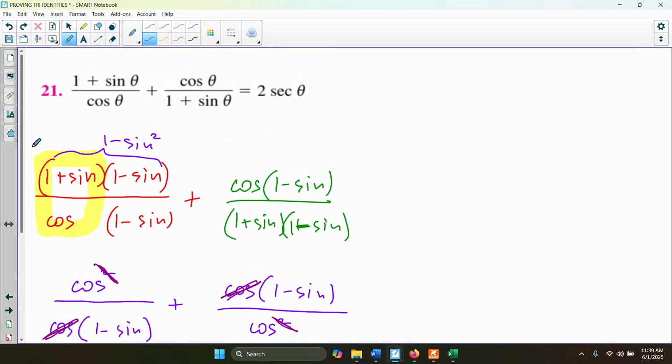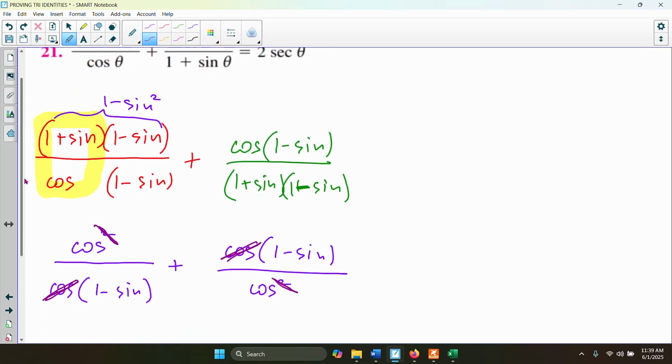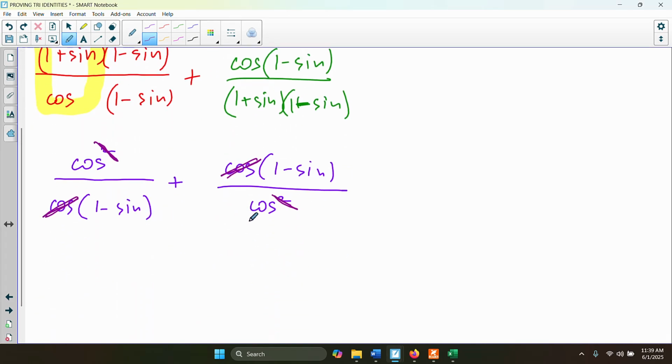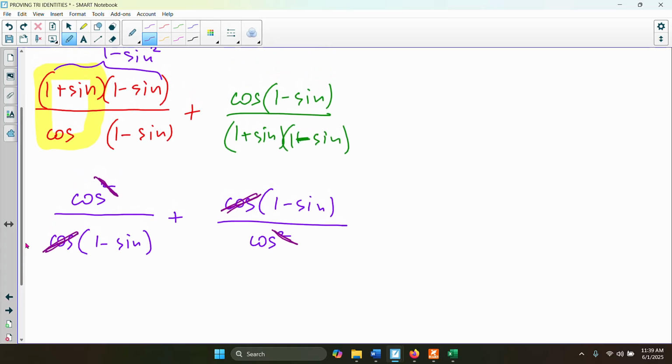So it feels like I really didn't help myself. I'm sort of in the same situation. It's not necessarily a dead end, because I could probably take it from here as well, but I am going to back away and say, maybe a different technique, because I could see that this becomes sort of repetitive if I multiply top and bottom by the conjugates.